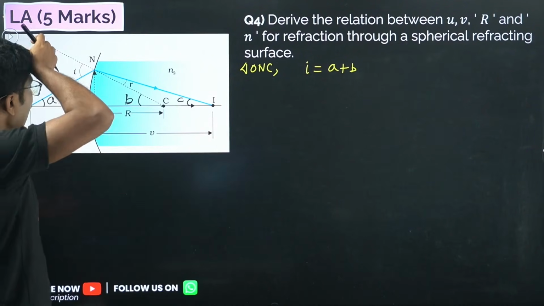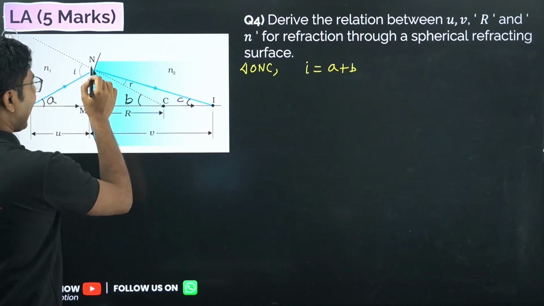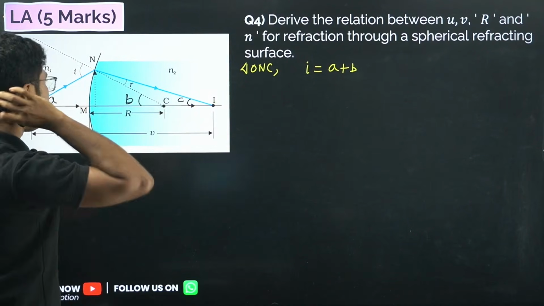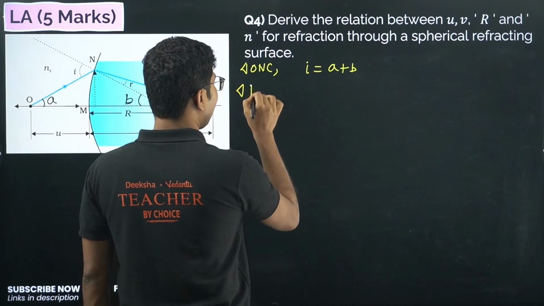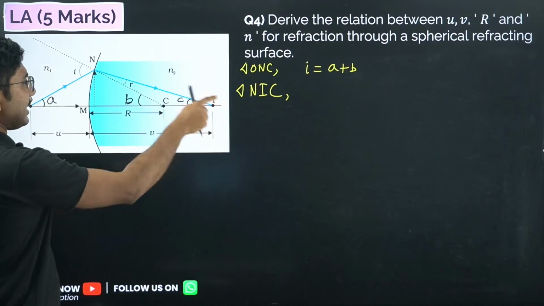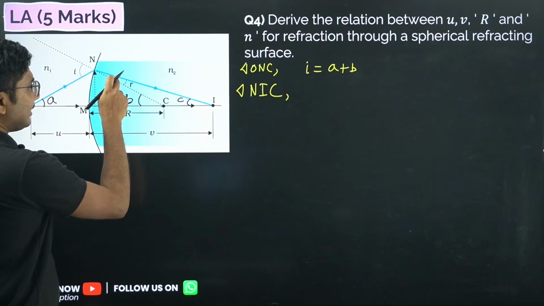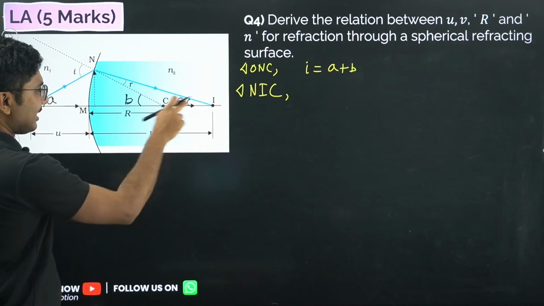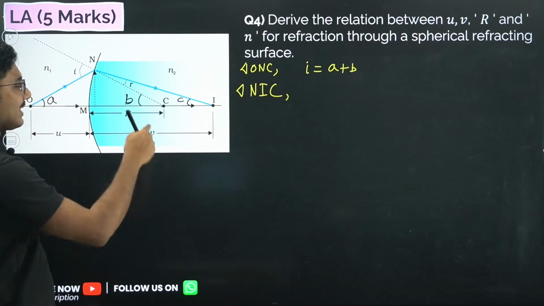Next, we will go into the triangle NIC. In this case, R and C are internal angles, whereas B is the external angle.